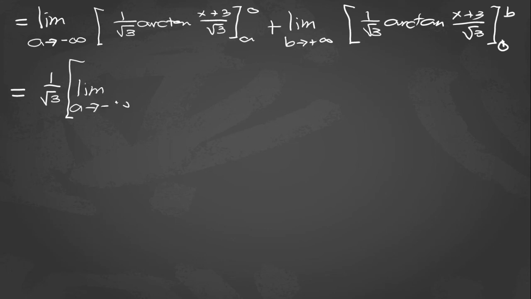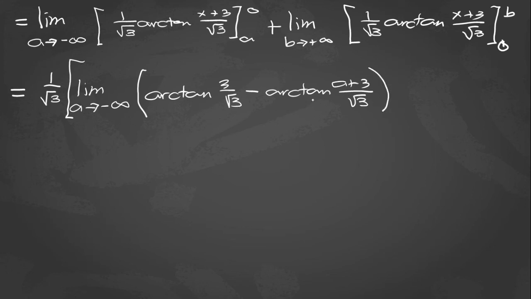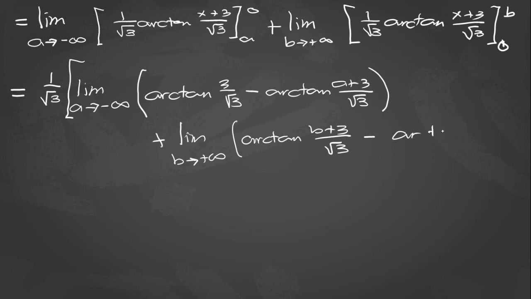As a approaches negative infinity, that is evaluated from arc tan of 0 plus 3, which is 3 over square root of 3, minus the arc tangent of a plus 3 over square root of 3, plus the second limit as b approaches positive infinity, evaluated from arc tan of b plus 3 over square root of 3, minus arc tan of 0 plus 3, which is 3 over square root of 3.